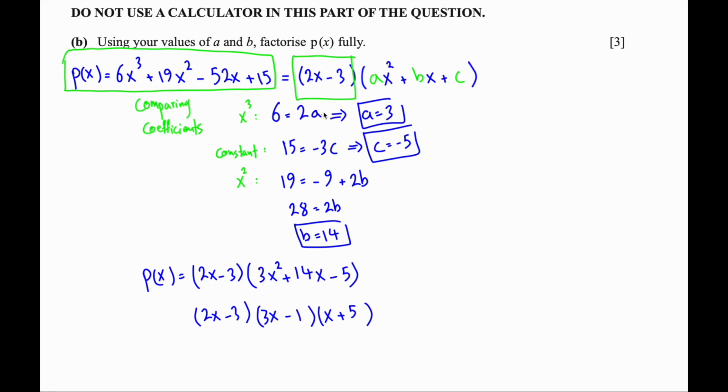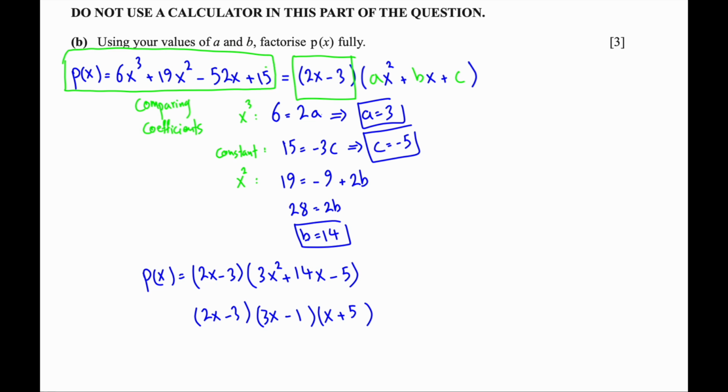There are a few ways actually to solve this question. You can go ahead and perform long division. You can also try other factors of the number 15 and continue plugging in and see at which one of those values the polynomial becomes 0.